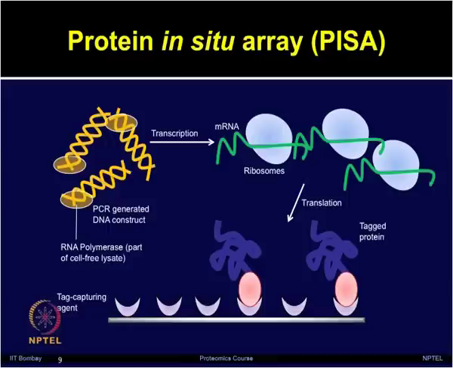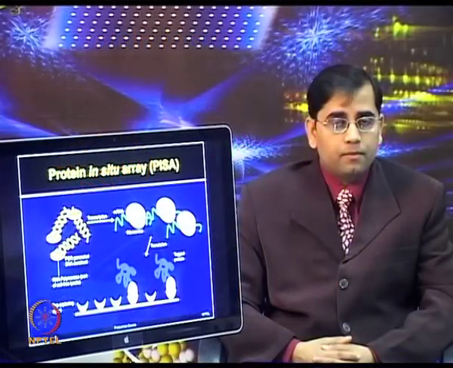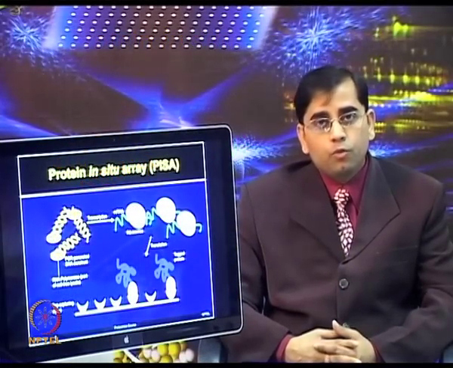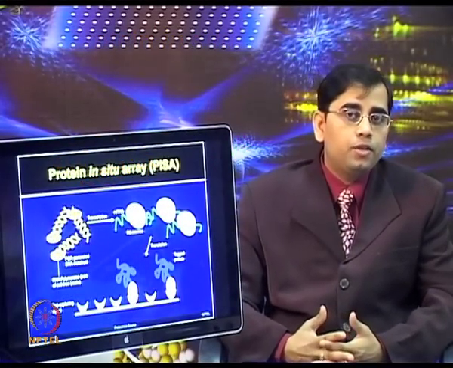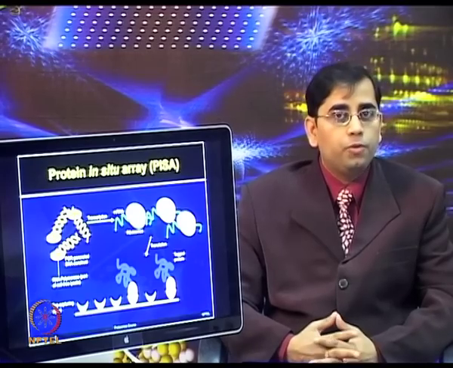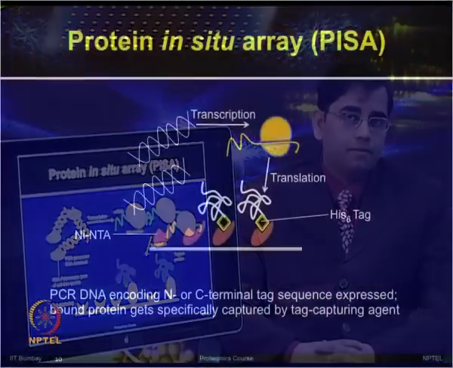As shown in this slide, by using the cell free expression system, DNA is able to produce protein by involving transcription and translation processes, and then the synthesized protein which contains the histidine tag gets adhered to the nickel NTA surface. This is a very simple concept which has been conventionally used in affinity based protein purification, which we have discussed in the previous class.